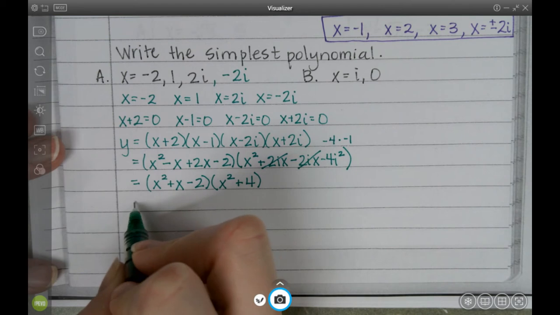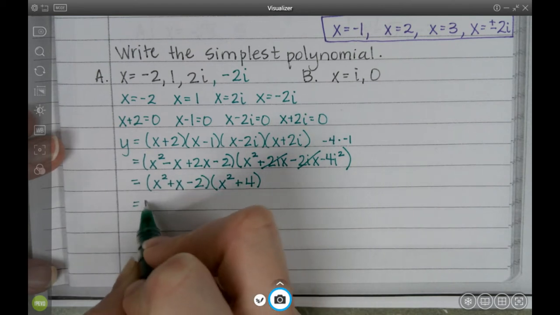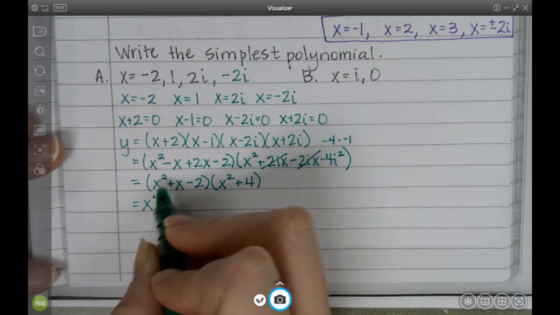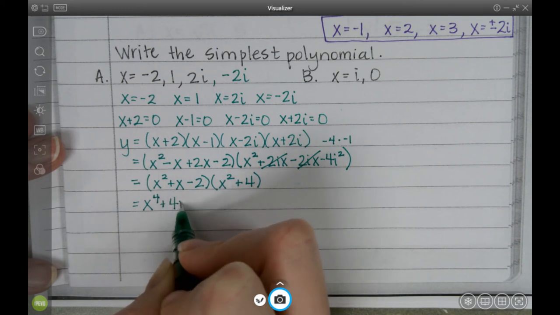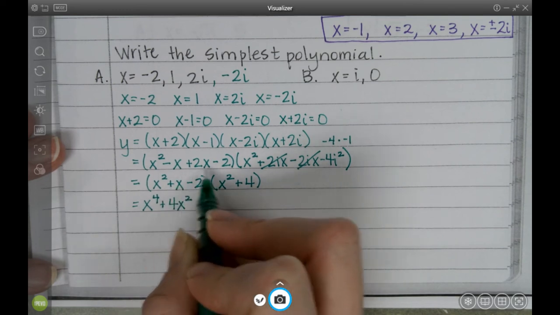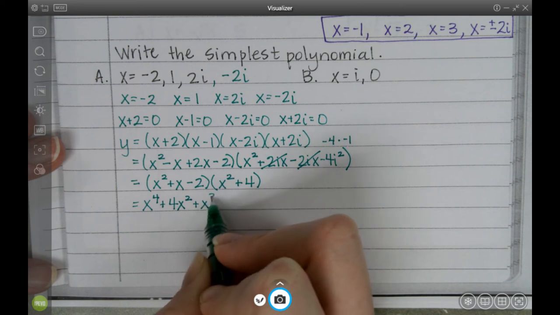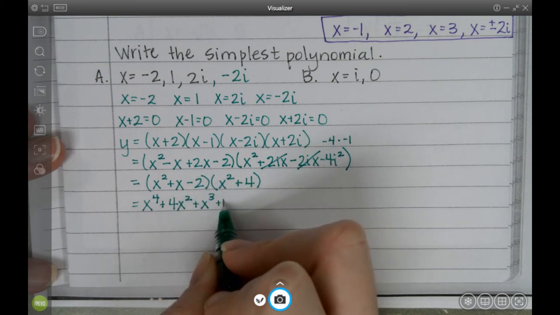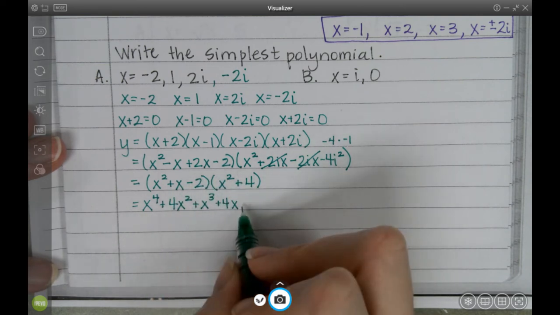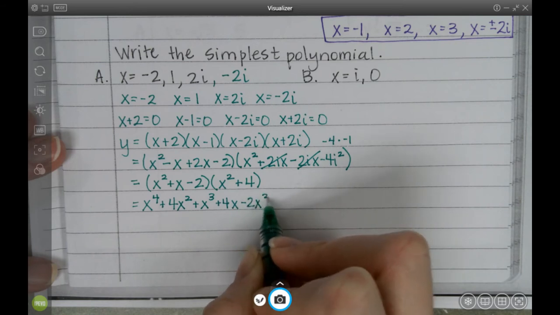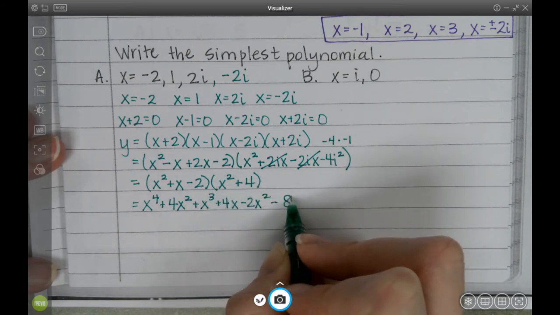And then distribute again. x squared times x squared is x to the 4 plus 4x squared plus x cubed plus 4x minus 2x squared minus 8.